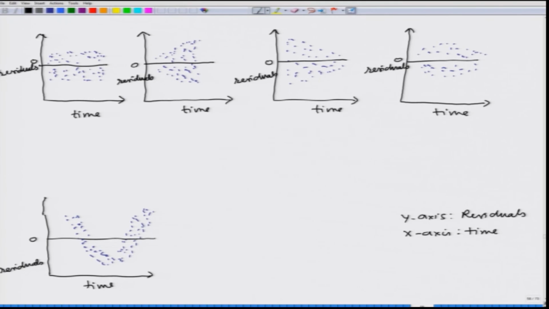So, I have made here 5 figures, and based on that you can see that in figure number 1, all the points can be contained in a horizontal band. And here on the x axis I have considered the time, and on the y axis I am considering the residuals, or even their scaled versions can also be considered.